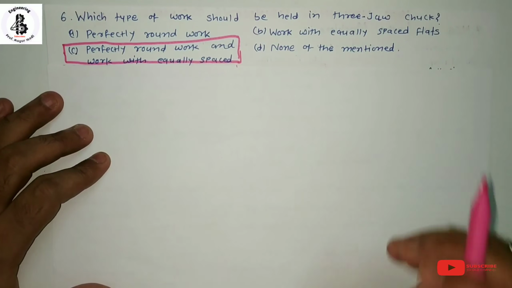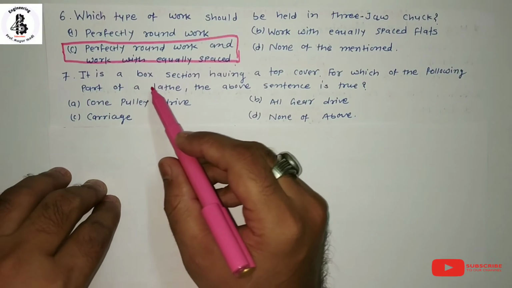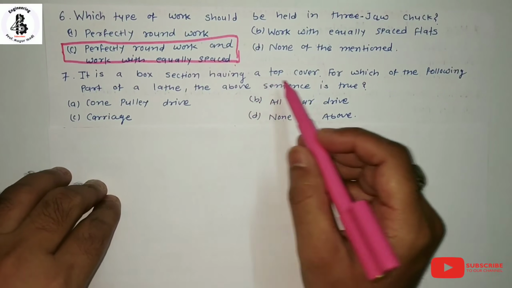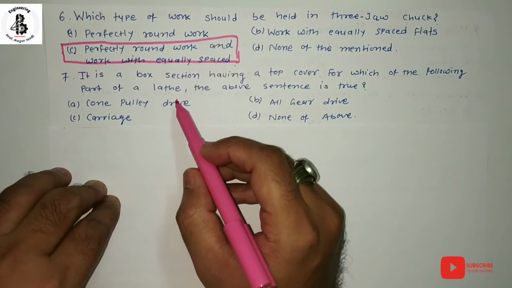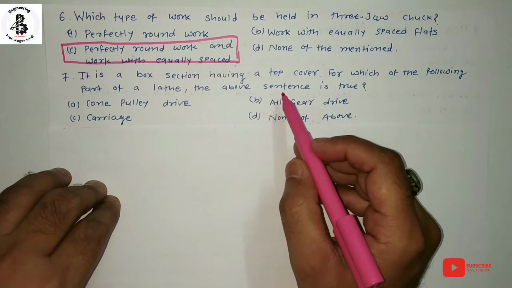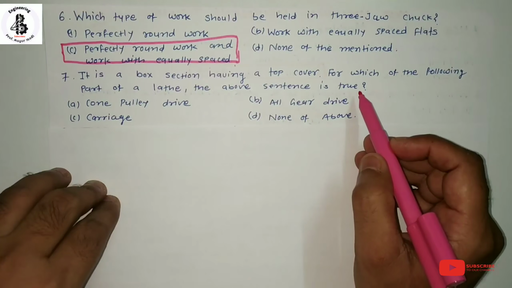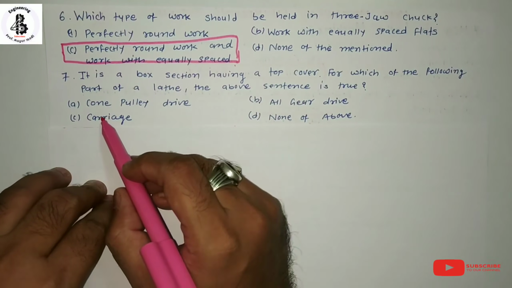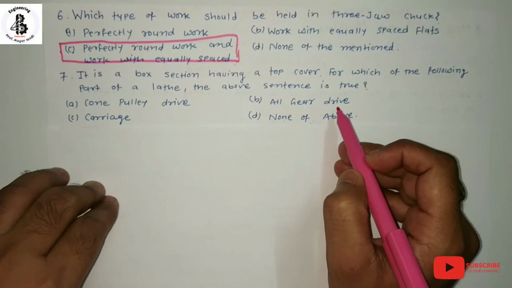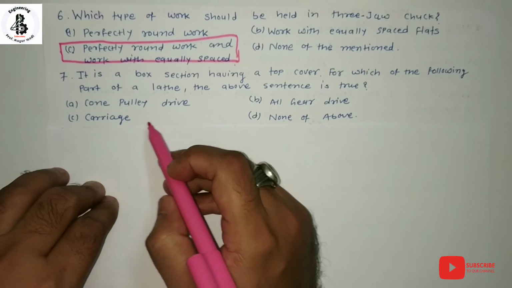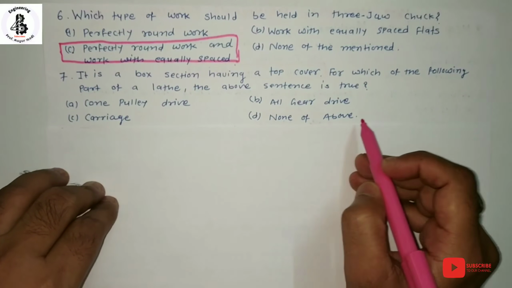Then next question. It is a box section having a top cover. For which of the following parts of the lathe is the above statement true? Option A, cone pulley drive. Option B, all gear drive. Option C, carriage. Option D, none of the above.